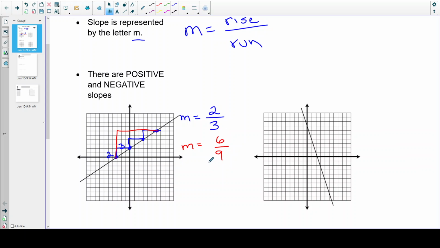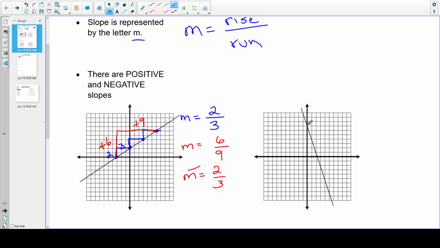So if I divide top and bottom by 3, I get that my slope is 2 over 3. So it's the same slope, right? It's plus 6, plus 9. It just means that I've jumped a couple of steps here. But when I reduce it back, I still had the same number of steps. Okay? And because I'm going uphill when I move left to right, that's going to be a positive slope.